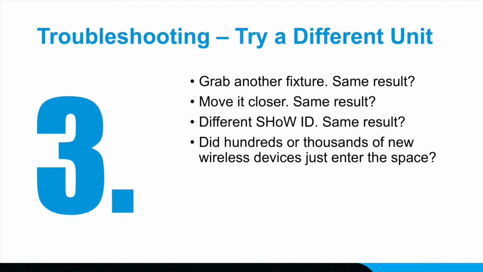A few other things: try some different units, move things about, change show IDs. You have to approach this as if you were fault finding a DMX cable issue, but now you're doing it wirelessly. Using those same troubleshooting techniques, you can use the settings of the fixture to try and figure out why things might not work.